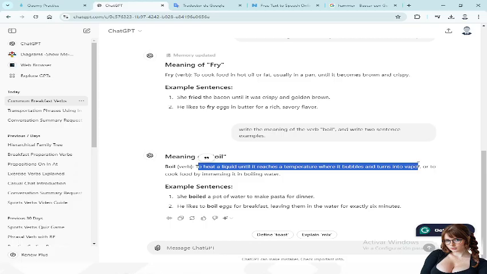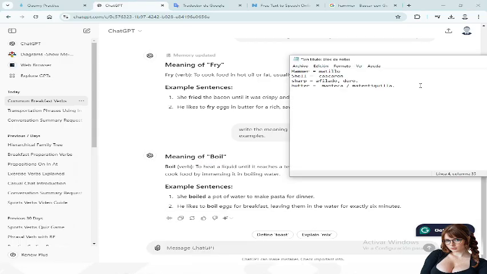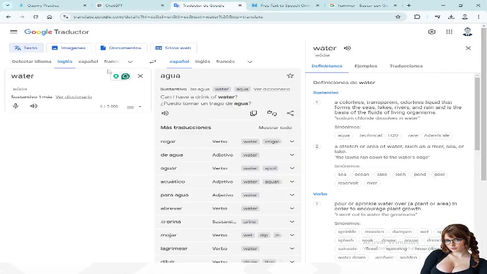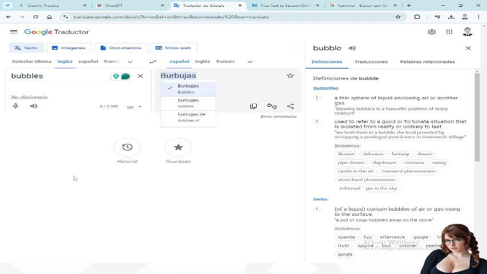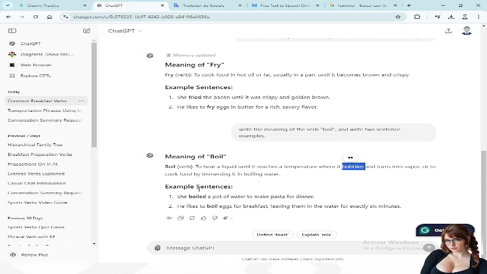And the example is the following. Remember, if you have doubts, in that case I am going to increase the vocabulary. I think this is the meaning, but the first thing to do is look up bubbles.